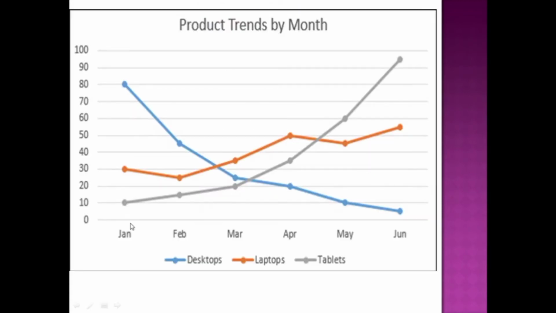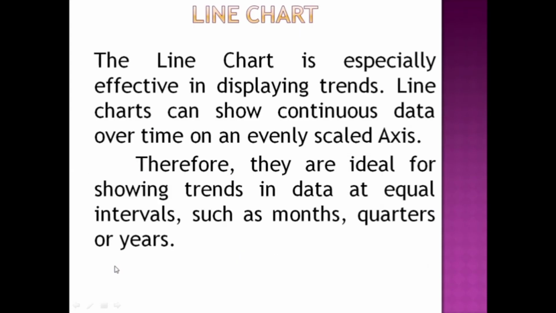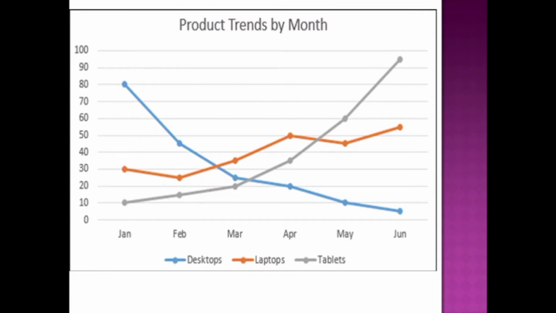Here you have seen the data can be represented at equal intervals of time: January, February, March. Here the gap between two intervals is 10. So the line chart basically displays the data in a trend format. It follows a particular sequence, basically a particular difference between the time schedule and a particular difference between the numbers on the scaling axis.